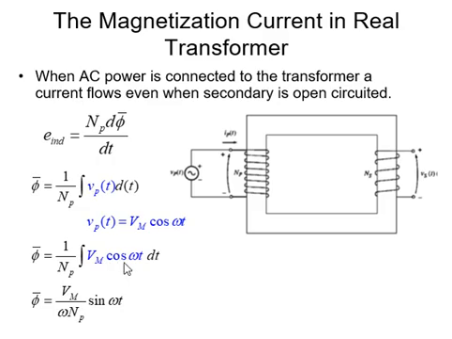So cos omega t would become sin omega t over omega.